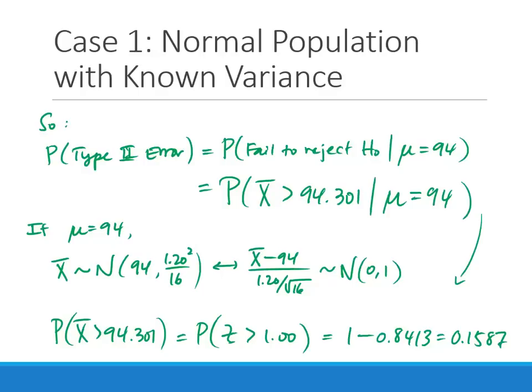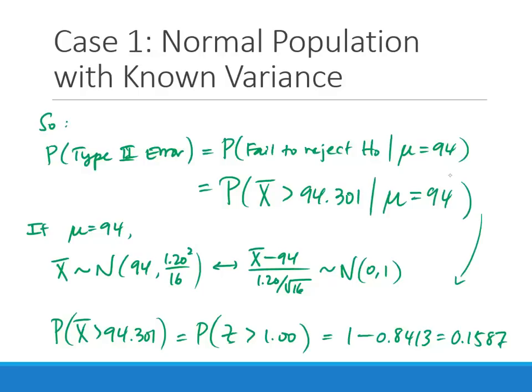A type 2 error is failing to reject the null hypothesis, which is what we did here, when in fact the null hypothesis was false. We sort of said the null hypothesis is what we're going to go with, but in fact that is not true. So we can calculate the probability of this error given certain values of the population mean mu.